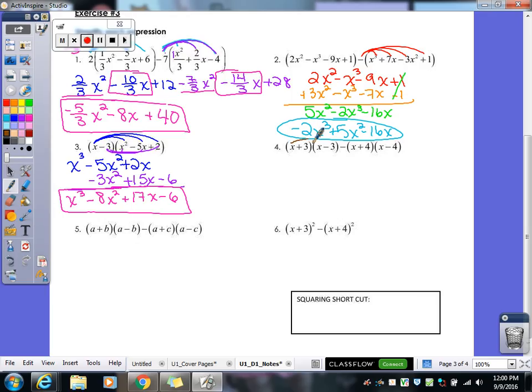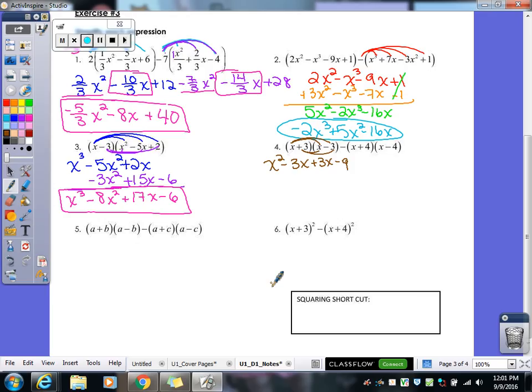So what you want to do is you want to multiply these ones first. So our x times x gives us x squared. Then your x times your negative 3, that gives us a negative 3x. And then distribute your 3, so now we have a positive 3x, because 3 times x is 3x. And then 3 times negative 3 gives us a negative 9.